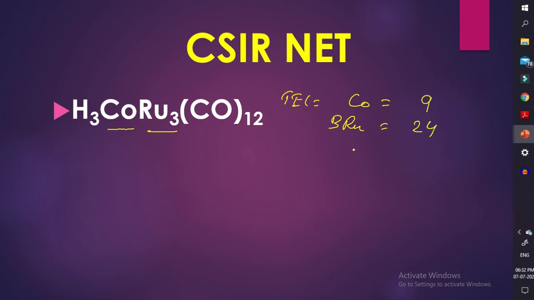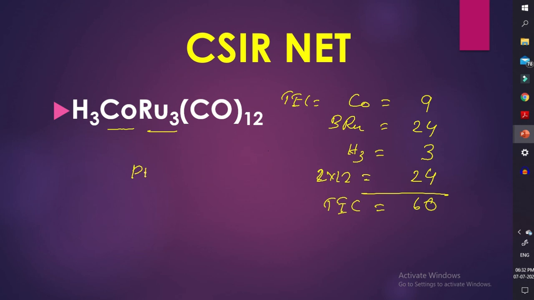There are 3 hydrogens, 1 for each hydrogen, that is 3. From the 12 carbonyls, each carbonyl donates 2 electrons, so that is 24. If you add all these up, you get 60. So this is our TEC.